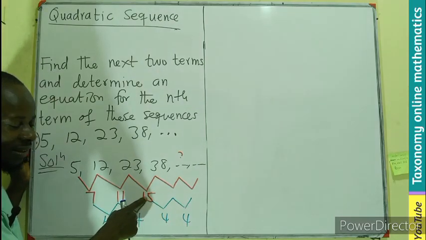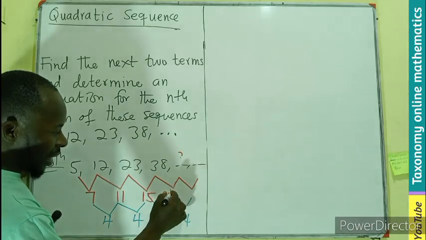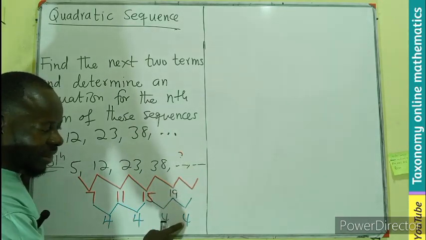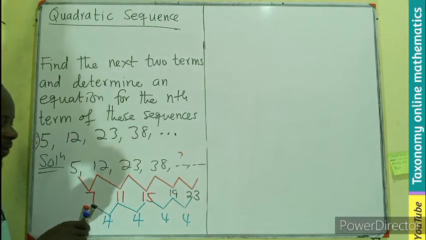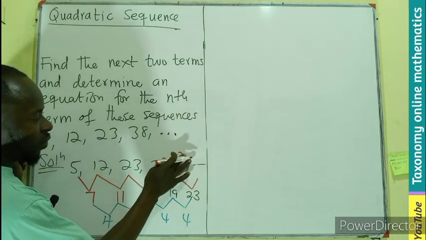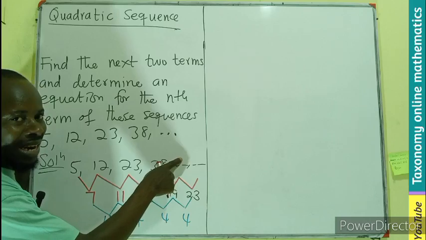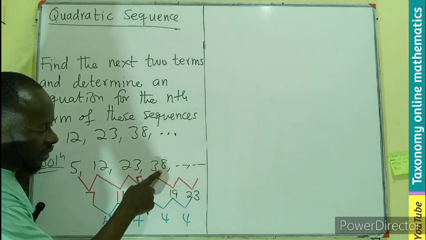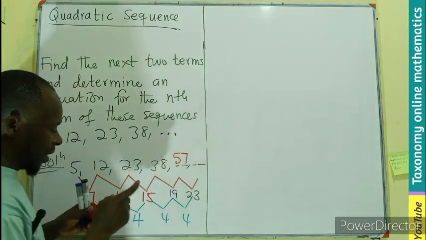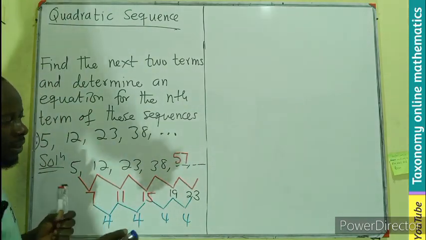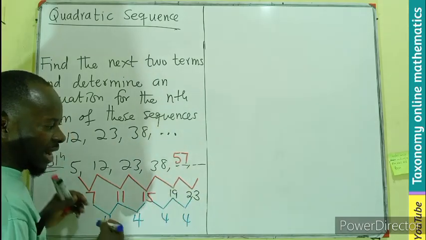Therefore, 4 plus 15 will give rise to 19. 19 plus this will give rise to 38. Therefore, for the next two terms we are looking for, this and this must be added to give us the next term. So we have 57 as the next term. 57 will also be added to 23 to give us the next one.